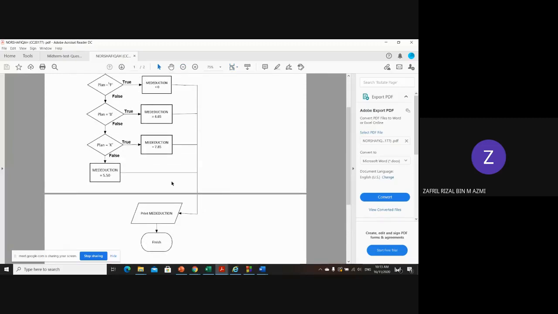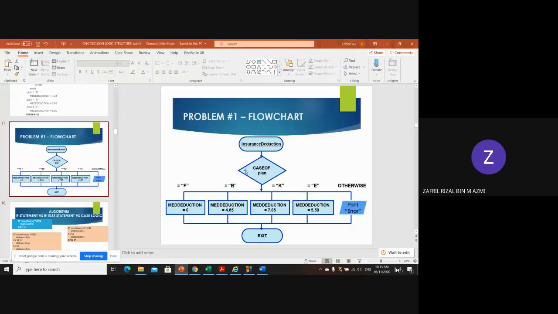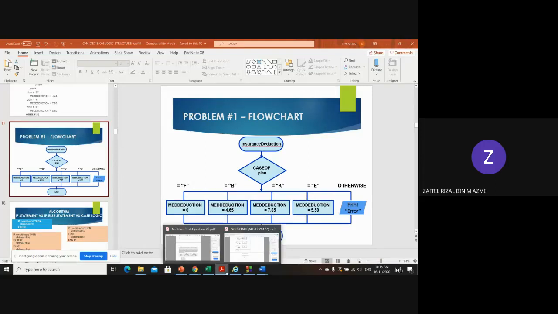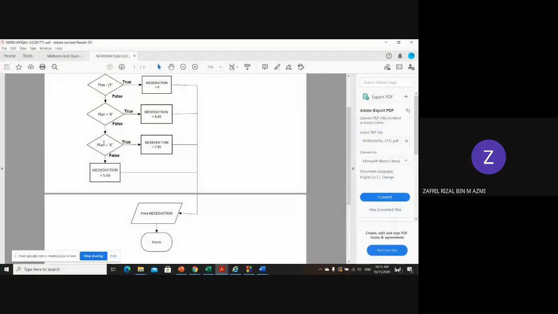This is different in meaning compared to this one. If you use this, supposedly you need one symbol, two symbols, three symbols, four symbols, so you need to have four decision symbols. Your friend only used three, so this is wrong. You must add another one.